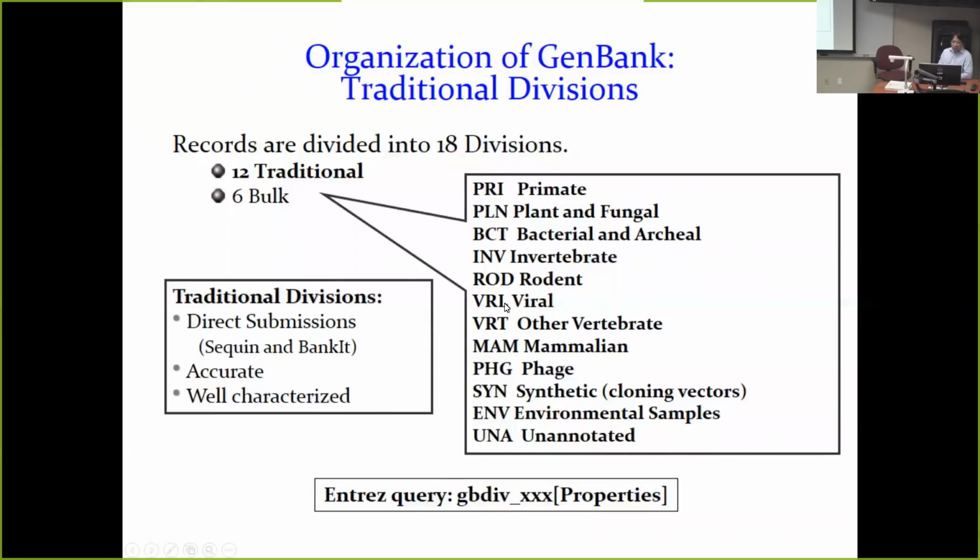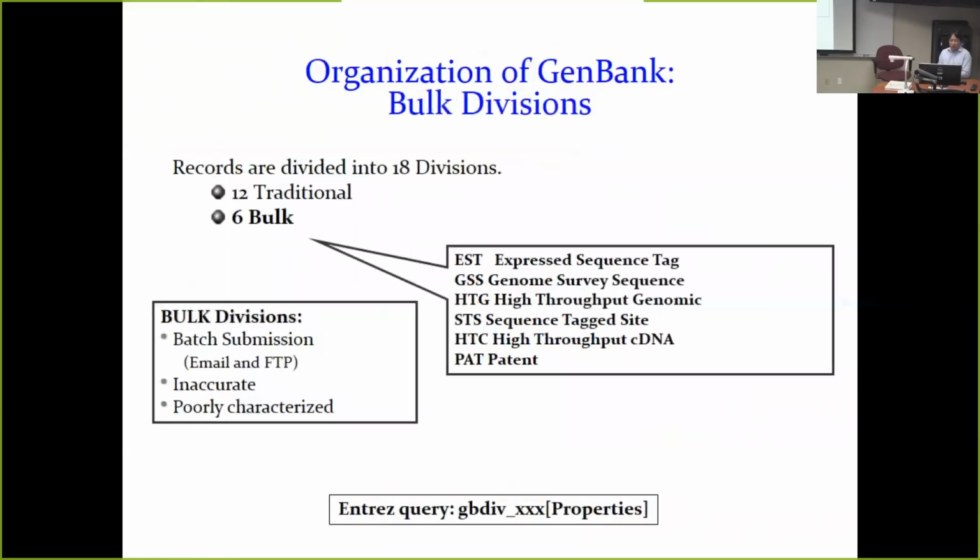And the traditional divisions tend to be accurate, at least compared to the bulk sequences. They're more characterized because most of the information deposited in them is from one or a few genes. And so it's easy enough for scientists to check for accuracy before they submit to these databases.